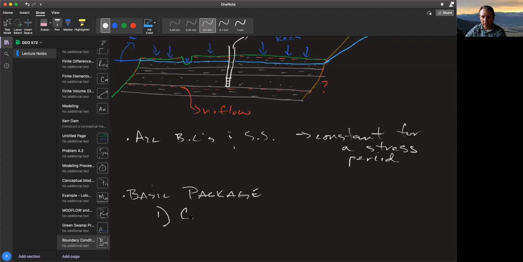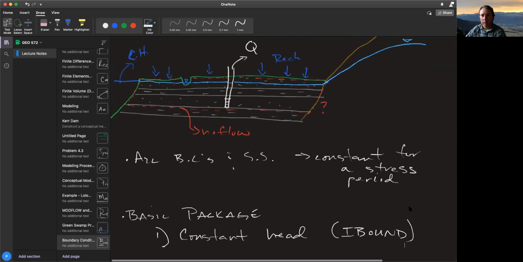One is the constant head, and we do that via I-bound. So anywhere I had a constant head, say along this gradient, I would use the basic package and I-bound to set a constant head here.